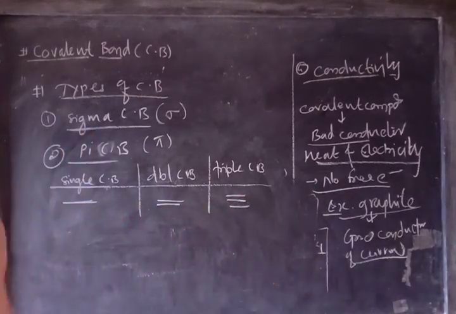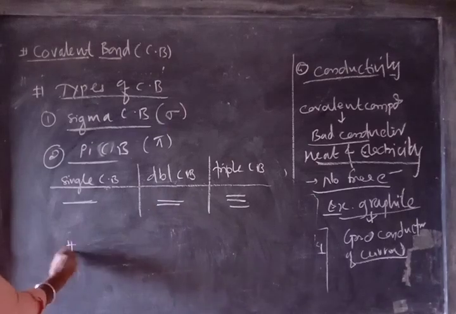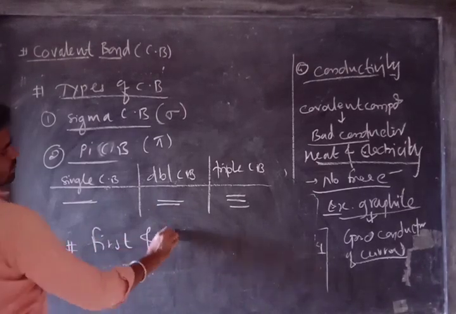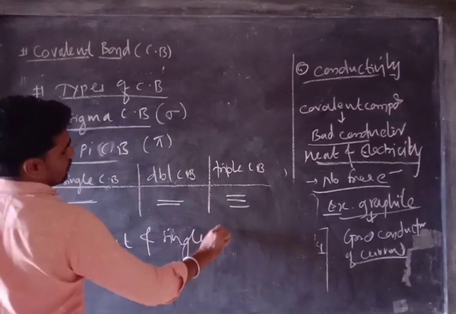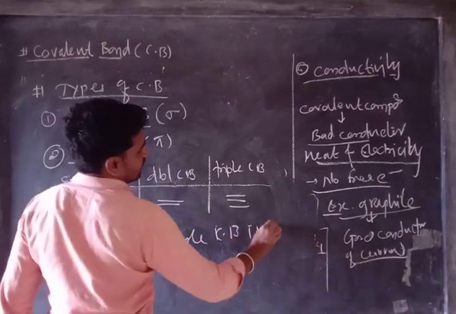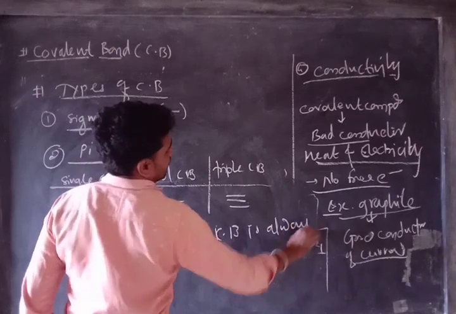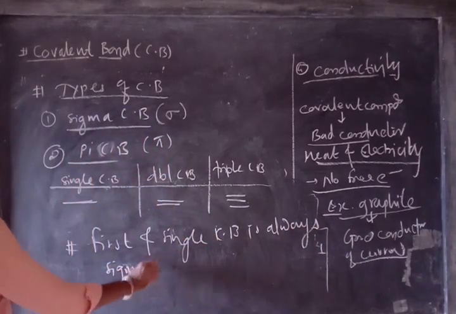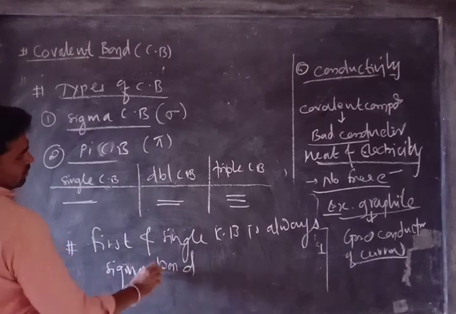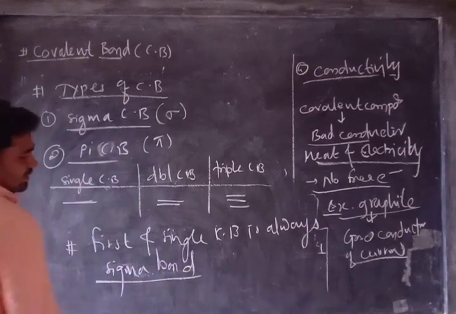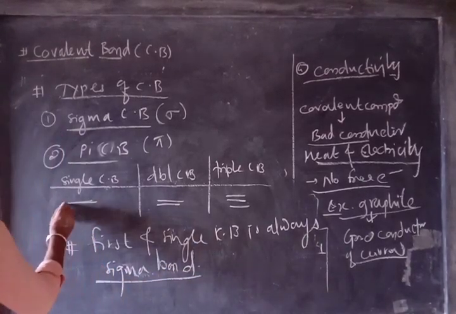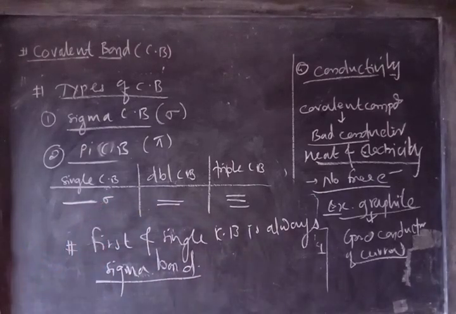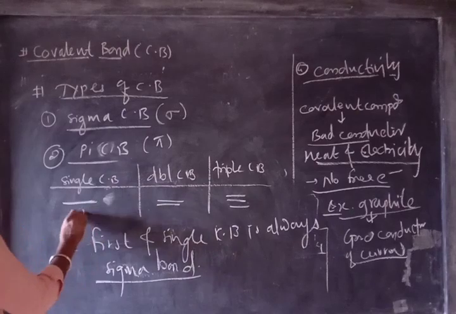And let me tell you a very important note: the first bond, or the single covalent bond, is always a sigma bond. We have already learned sigma bond in the GOC part. So this bond must be a sigma bond, and this bond must be a sigma bond.